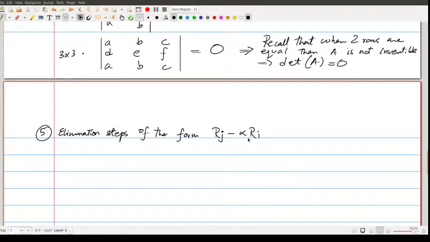We take a multiple of one row and subtract it from another row. If we do something like that, then elimination steps do not change the value of the determinant.